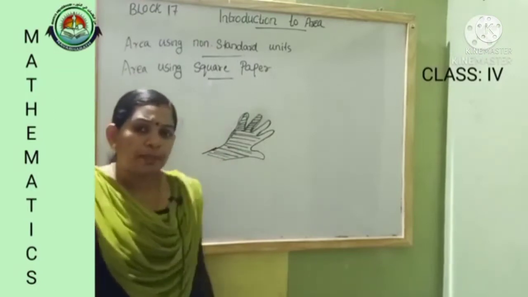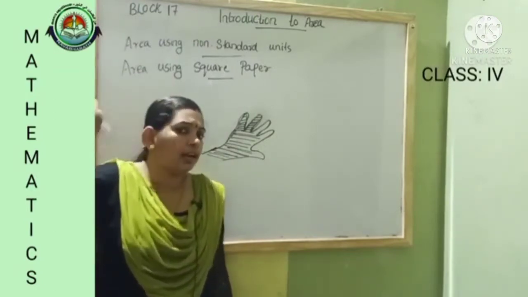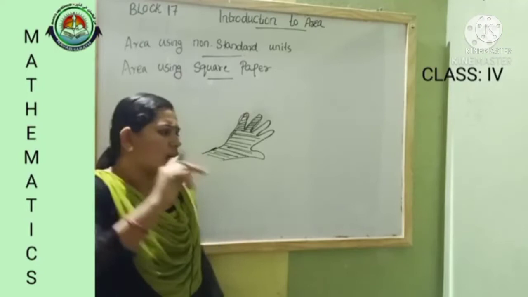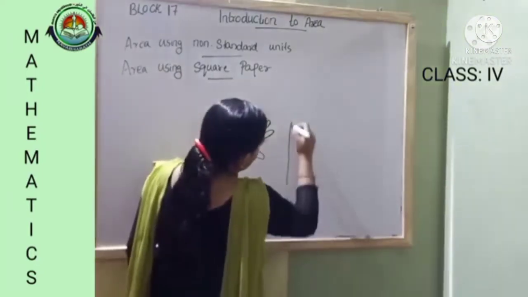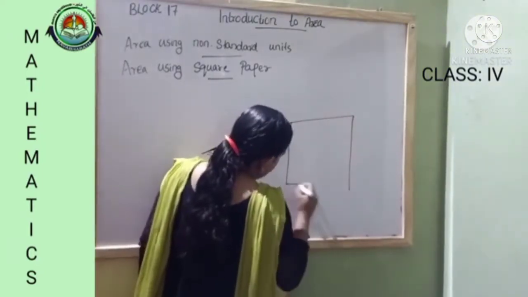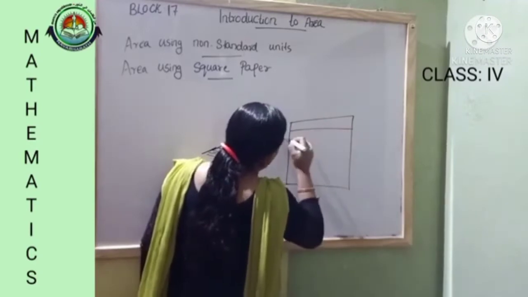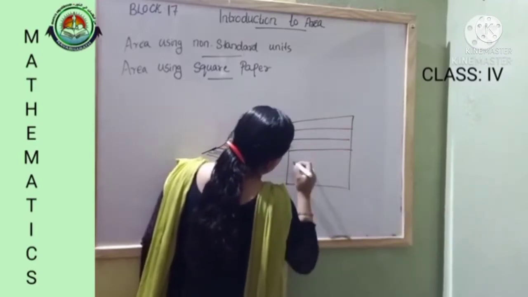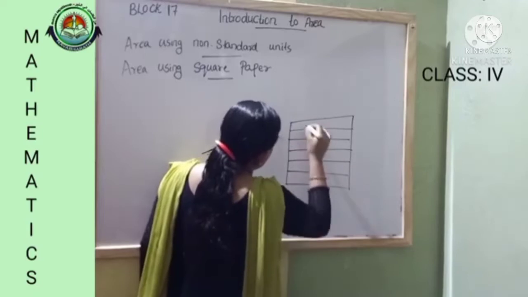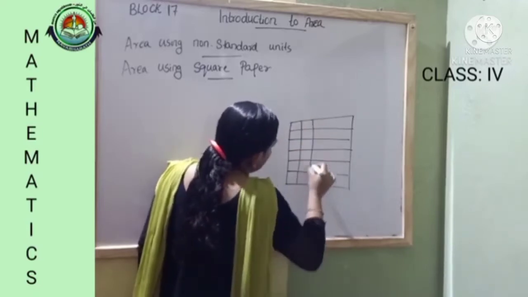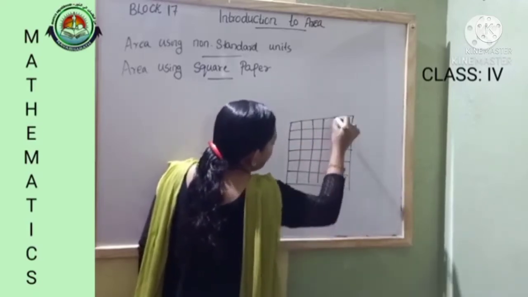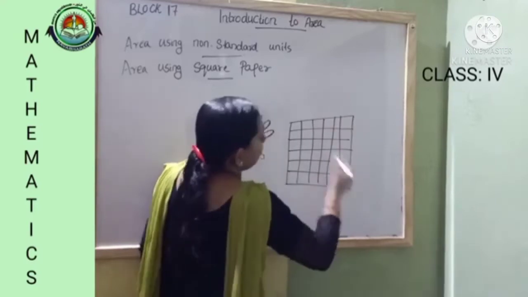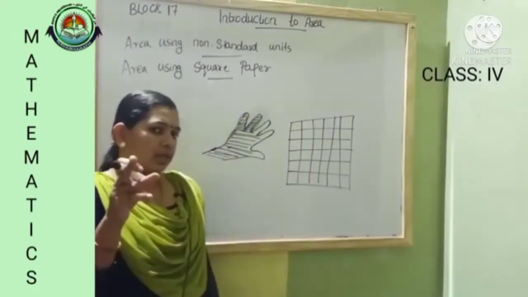You have seen graph paper used for drawing graphs. Small square papers are there. In square paper, all squares are equal in length. So how do we measure the area using this square paper? What do you think?